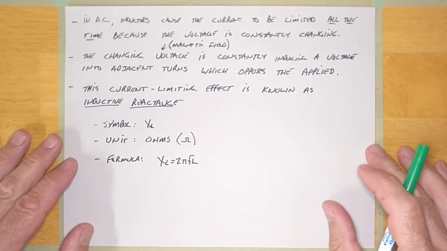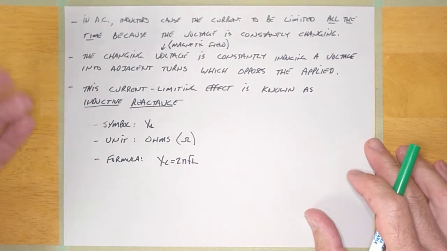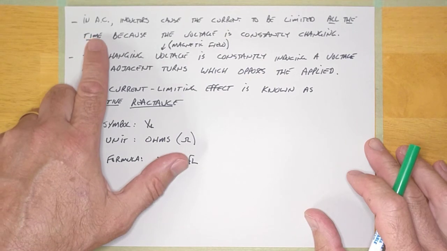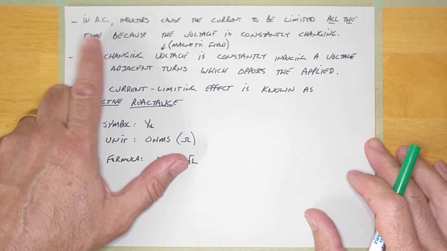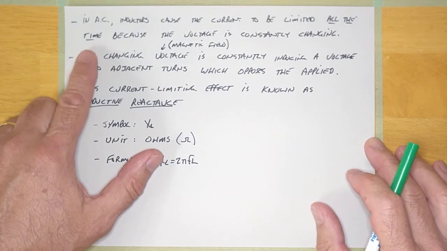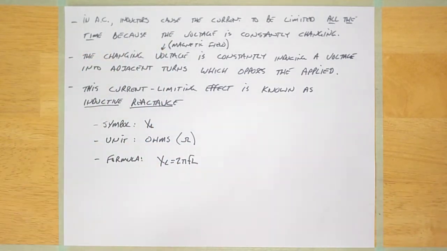And so I've created some notes here for you, and we'll go over them one at a time. The first note that I wrote down here, guys, is in AC, inductors cause the current to be limited all the time, and it does so because the voltage is constantly changing, right?